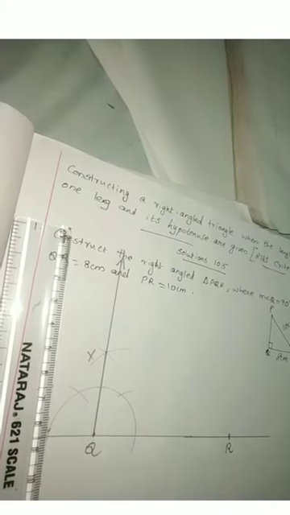We don't know the length of this side, so we can extend it. But we have one more length, that is PR, from R to P, which is 10 cm. So we can set the compass distance as 10 cm.